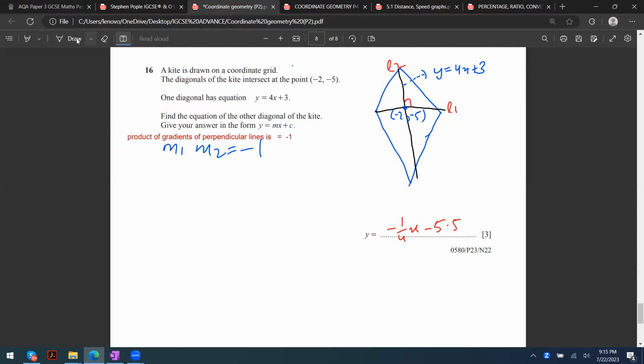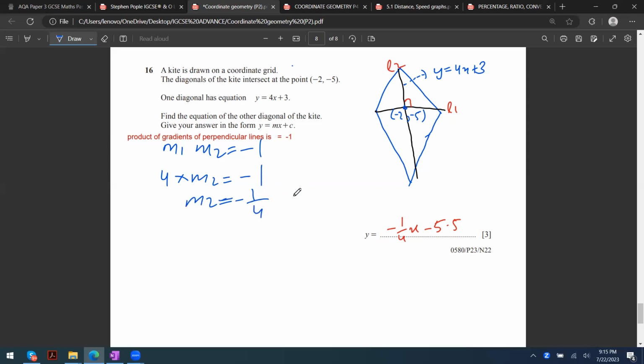The product of the gradients is equal to -1. So for this line, y is equal to mx plus c, m is 4. M2, let it be the gradient of the other line. So M2 is equal to -1 over 4.